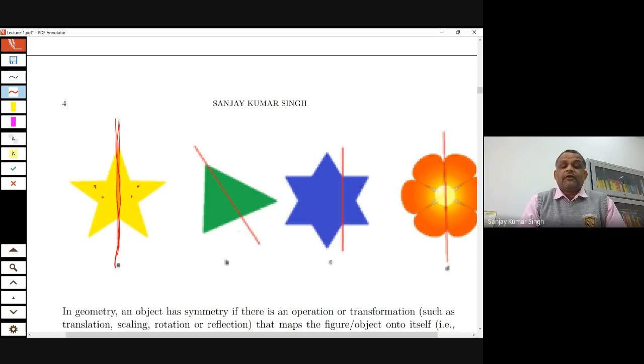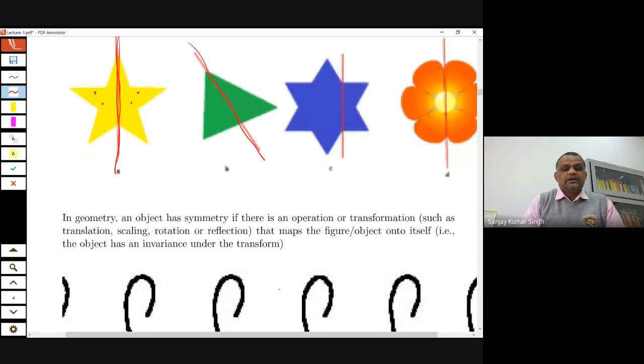You can define a map called reflection, and under this map, you can see the object is the same. There is no difference in the object. Even though points are moving, the whole shape and size of the object is the same, the position is the same, there is no change. But if you take this other line, then it is not working. So it is giving you intuition how to define a symmetry in mathematics.